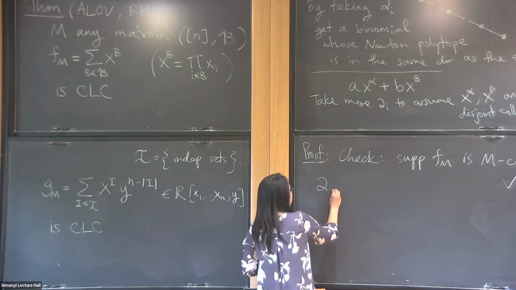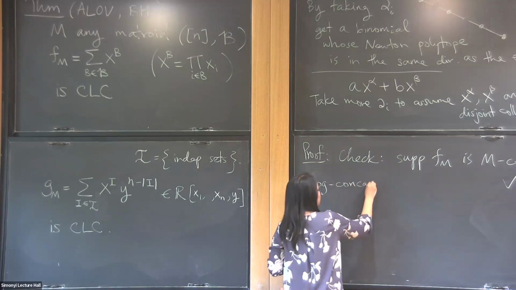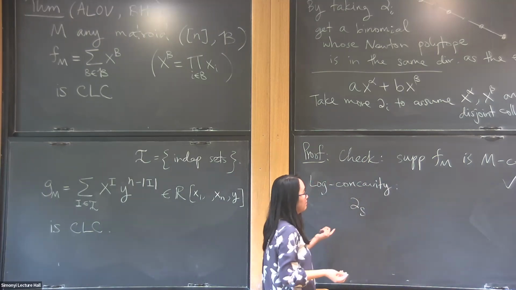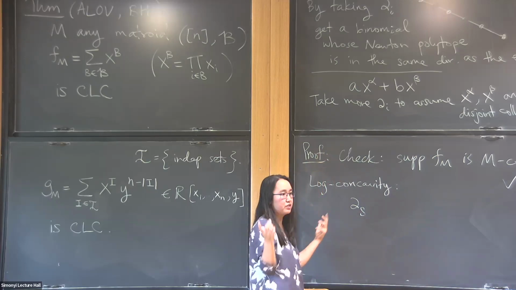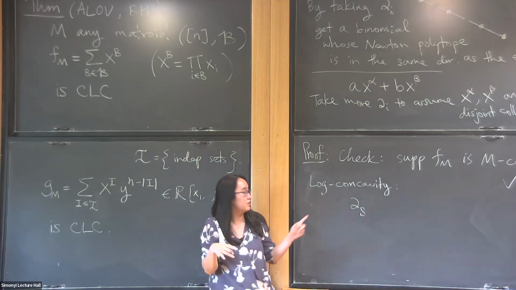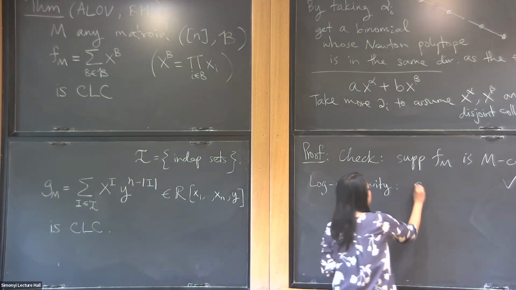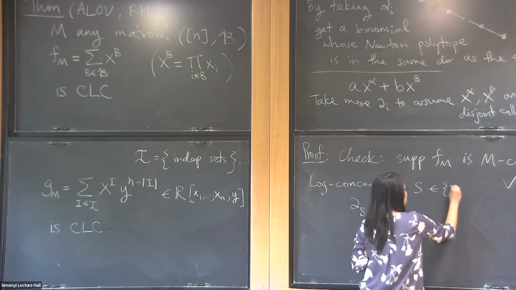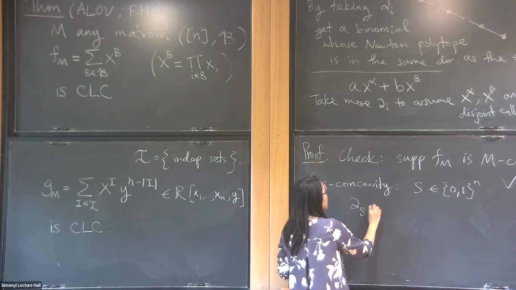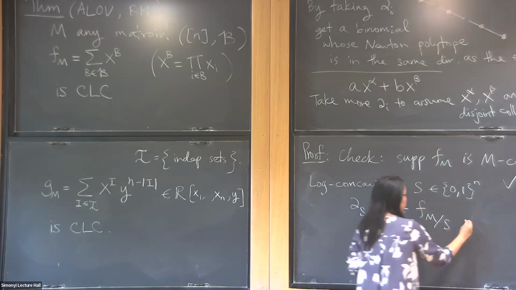So partial derivative with respect to, so to check log concavity, you look at partial with respect to some set, because these polynomials don't have higher degree. There are no degree 2s or 3s, all the degrees are 0 or 1. So you only care about a collection of variables to take the partial derivative with. So for us, in {0,1}^n, the partial derivative with respect to this S variable of F_n is F of the contraction.